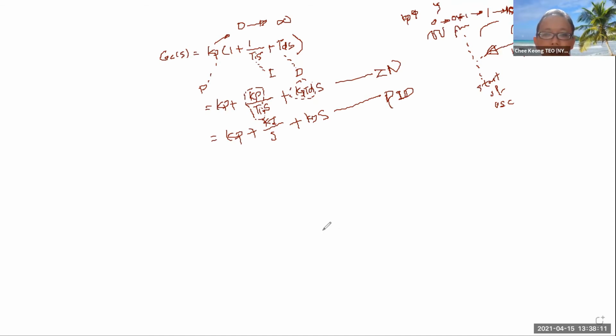So the key parameters that Ziegler-Nichols advocates are the critical gain, meaning the gain at which it starts oscillation, and the frequency at which it starts oscillation. If you increase the gain until a certain point around this region, the frequency at which it starts to oscillate we call the critical frequency, and the gain you increased up to this point we call the critical gain.